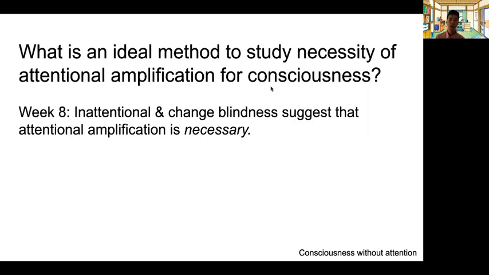So unless you attend to it, you do not even see a gorilla that goes across the display. And another one is that even if there is a change, unless you attend to it, you do not perceive the big change that you cannot help seeing once you notice it. Okay.